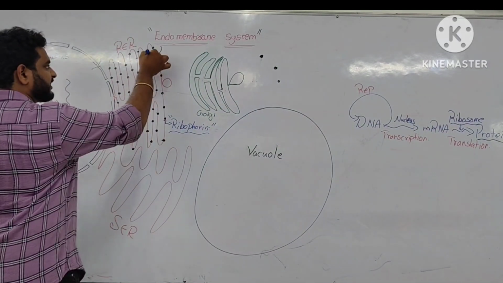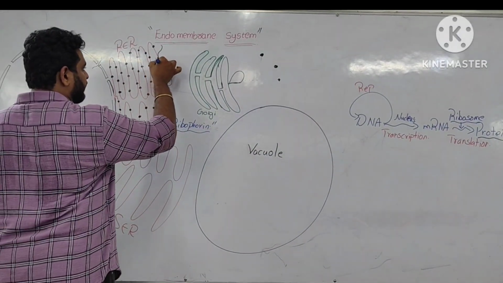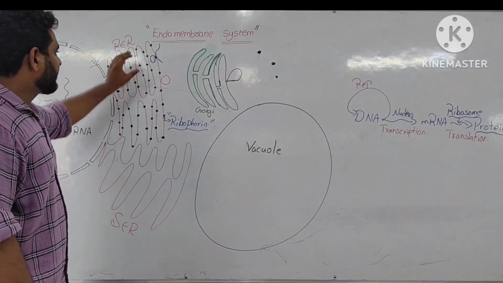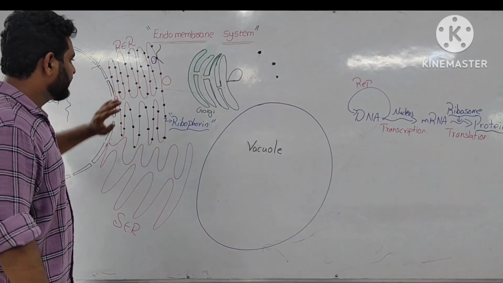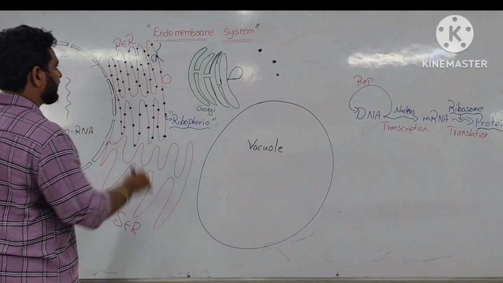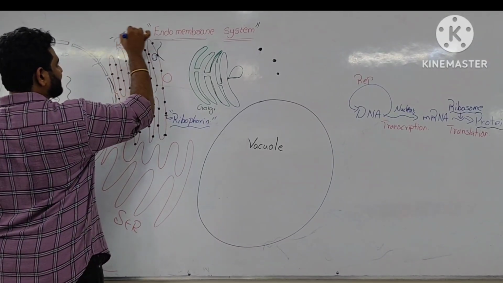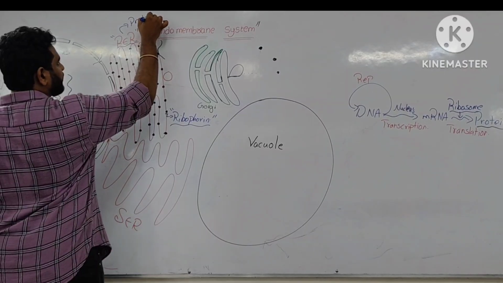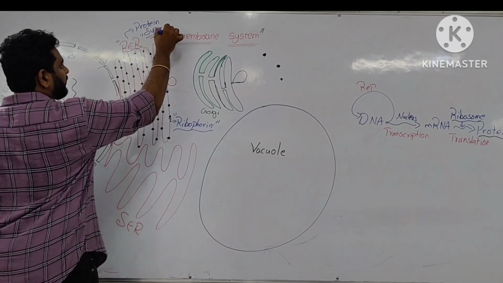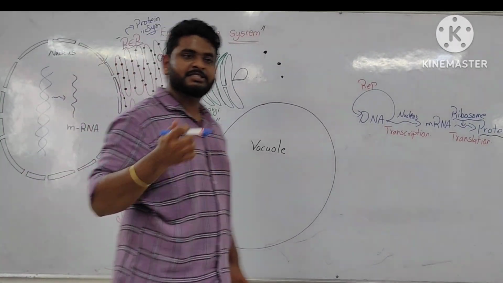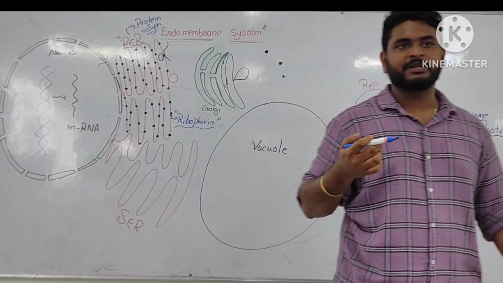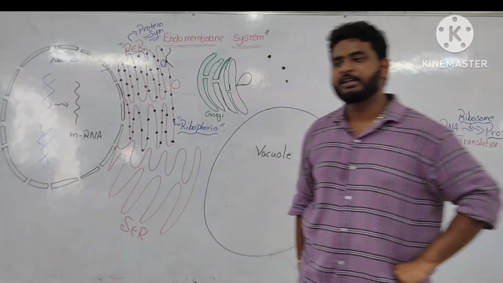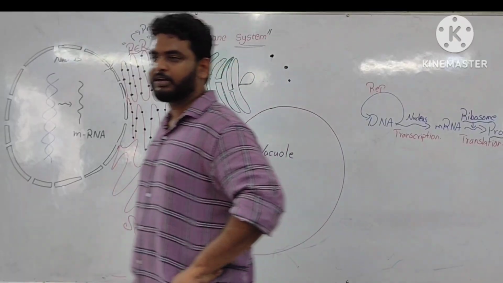Now, we're talking about these proteins. These proteins are formed inside these vesicles. So, indirectly can I say, rough endoplasmic reticulum is the region for protein synthesis? Yes or no? Rough endoplasmic reticulum is a region where protein synthesis happens. Now what about smooth endoplasmic reticulum? Smooth endoplasmic reticulum does not have any ribosomes on top of it.